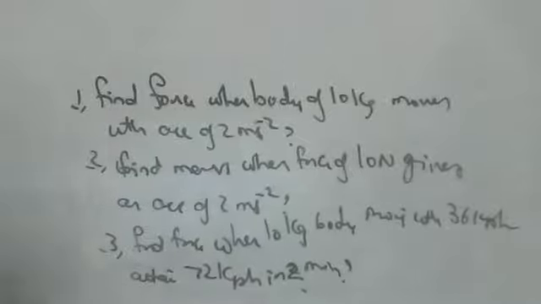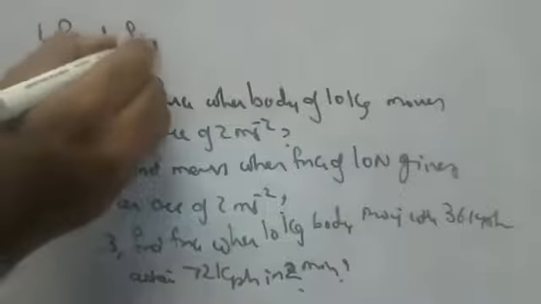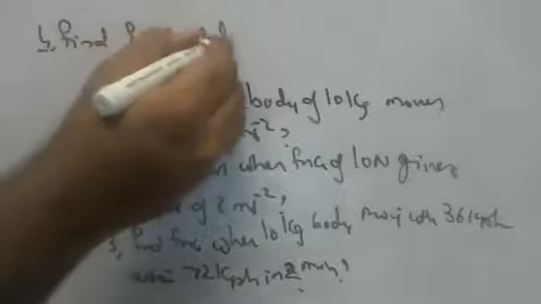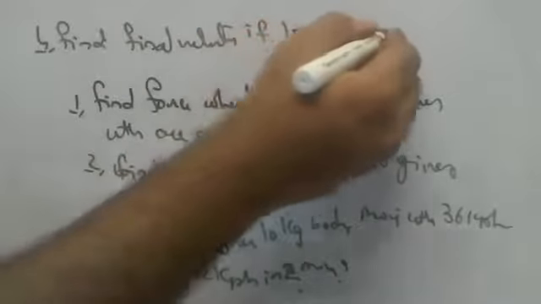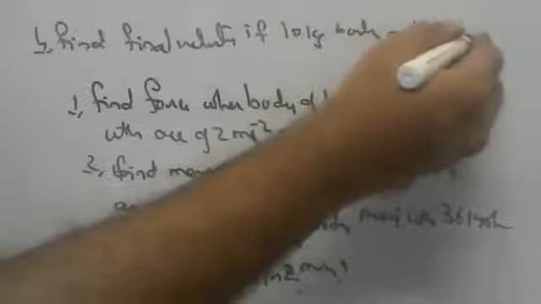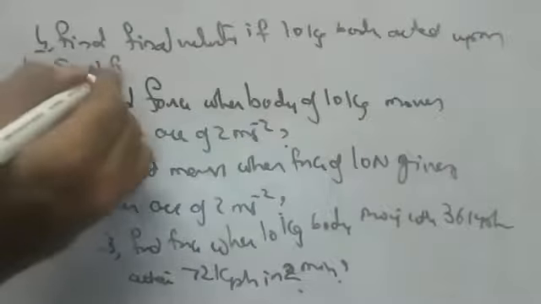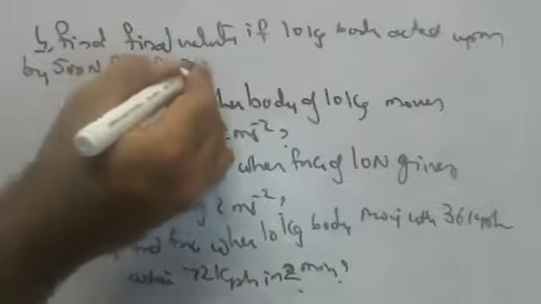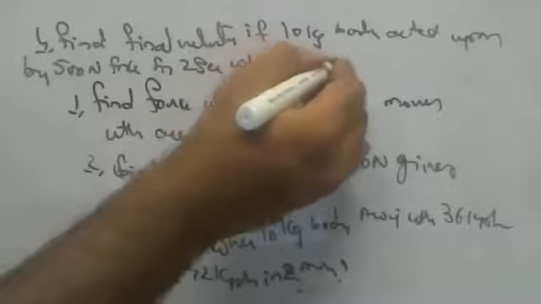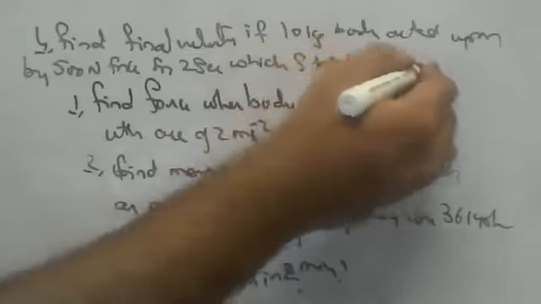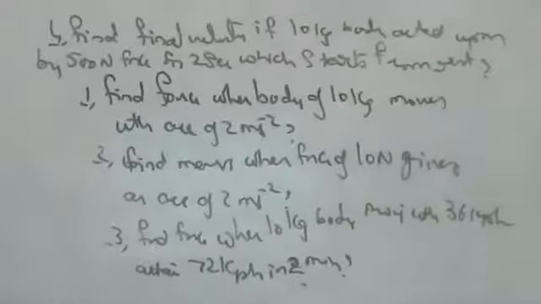Fourth question. Find final velocity if a 10 kg body is acted upon by 500 Newton force for 2 seconds, which starts from rest. Everyone should try to do it.